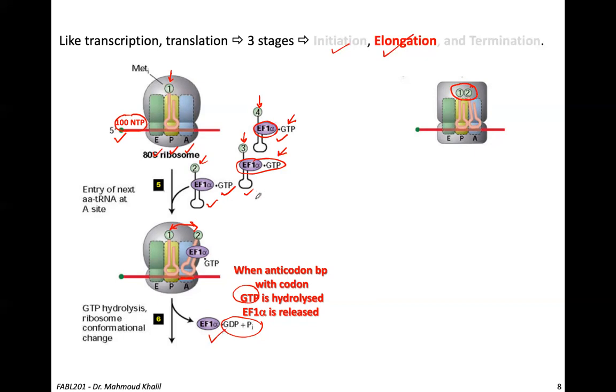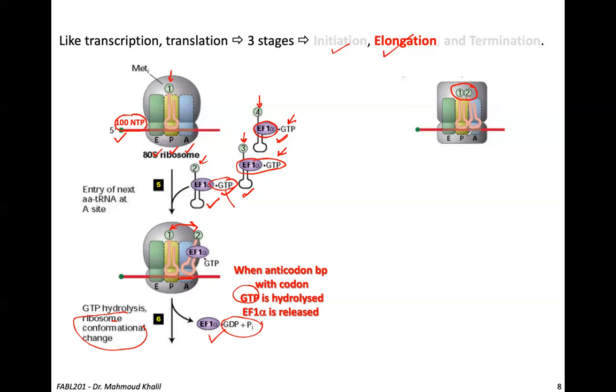That explains why every transfer RNA needs to have an EF1 alpha bound to GTP, in order to gain the advantage of the hydrolysis of GTP to perform the ribosome conformational change that leads the two amino acids to be adjacent to each other.